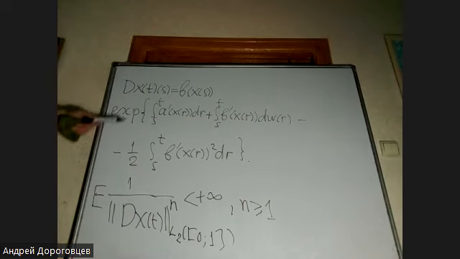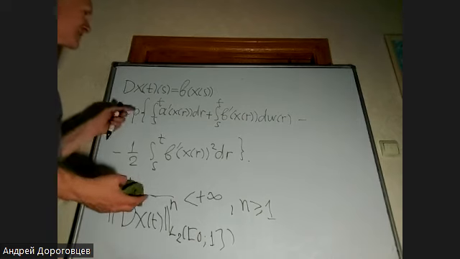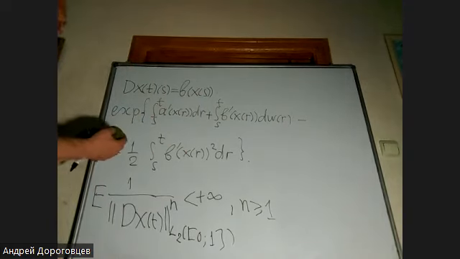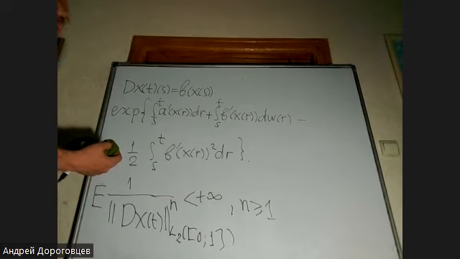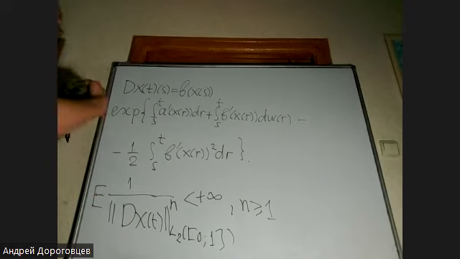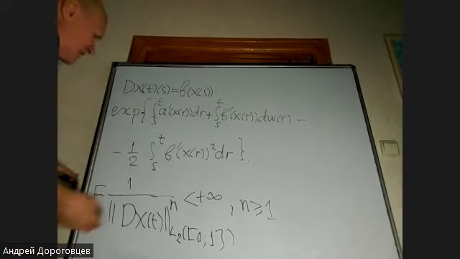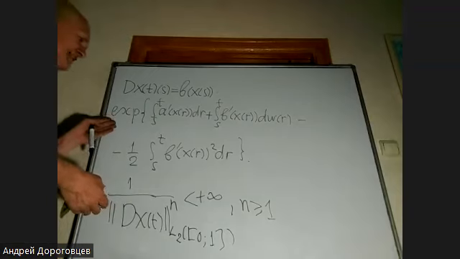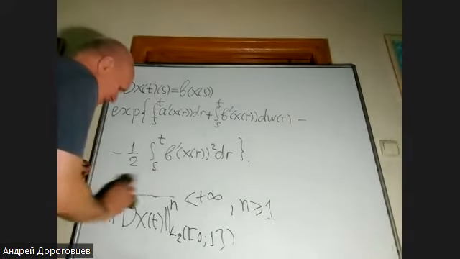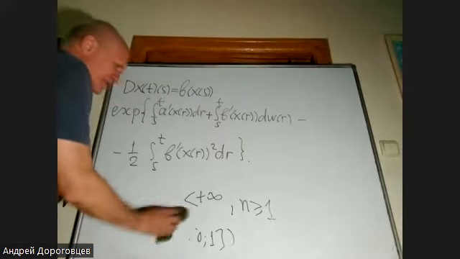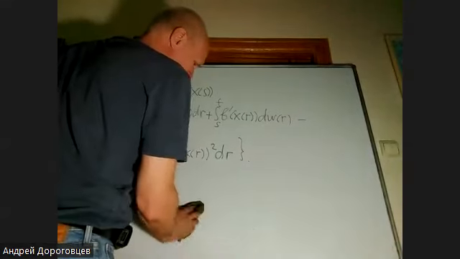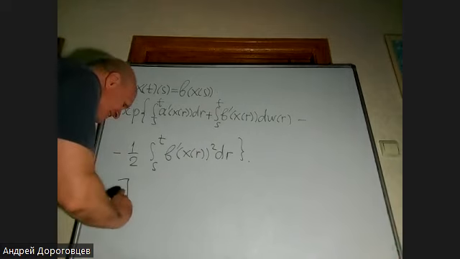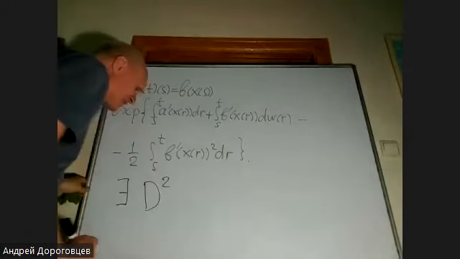Also from this relation, one can check that X has a second stochastic derivative, which can be obtained from the equation for the first, and can be expressed as some integrals with the stochastic exponent. I will not write the expression for the second stochastic derivative of X because it is not as nice as this one, but I just note that there is a second stochastic derivative of X.